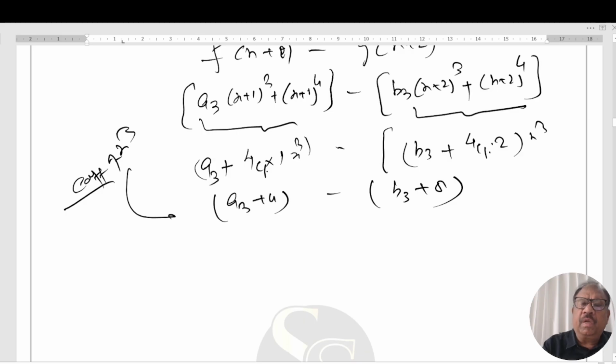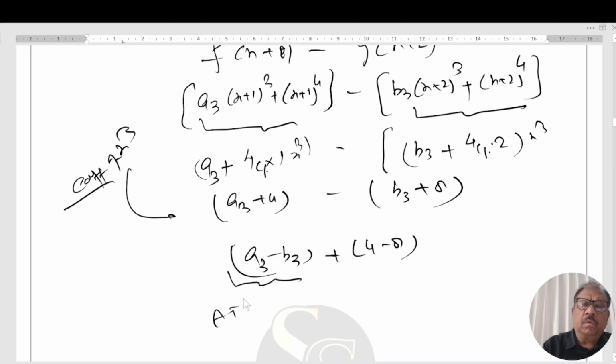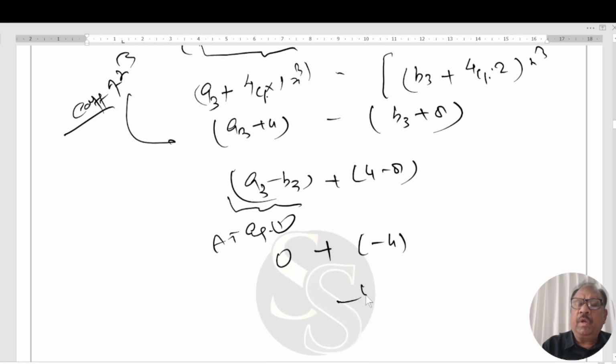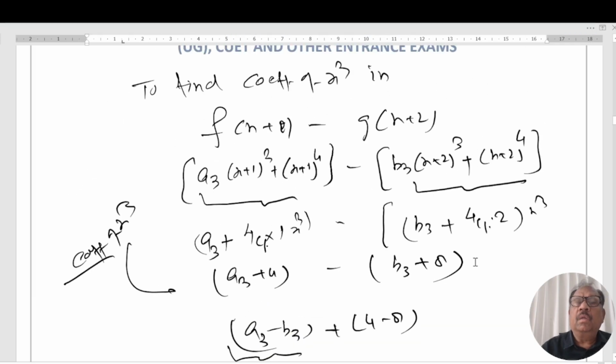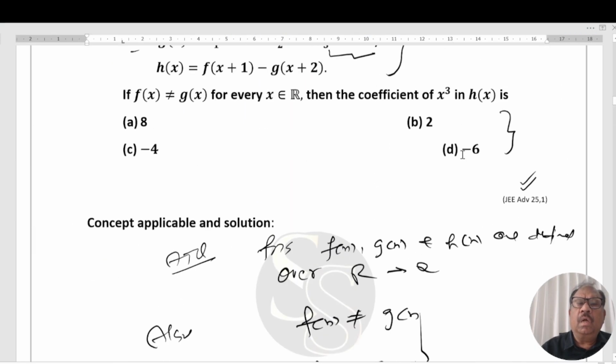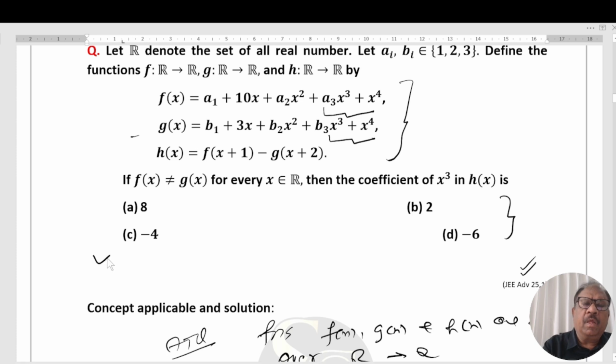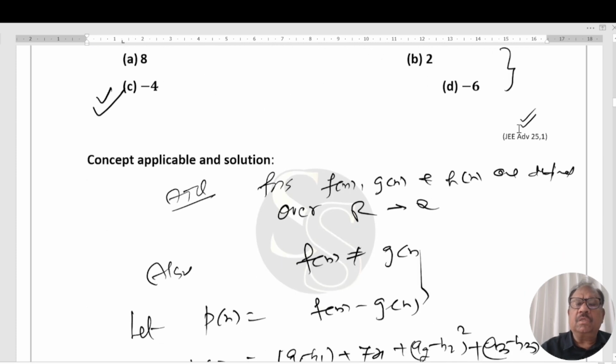On simplification we get a3 minus b3 plus 4 minus 8. According to equation A, this is equal to 0 plus minus 4. That is minus 4 is the correct option. C is the correct answer.